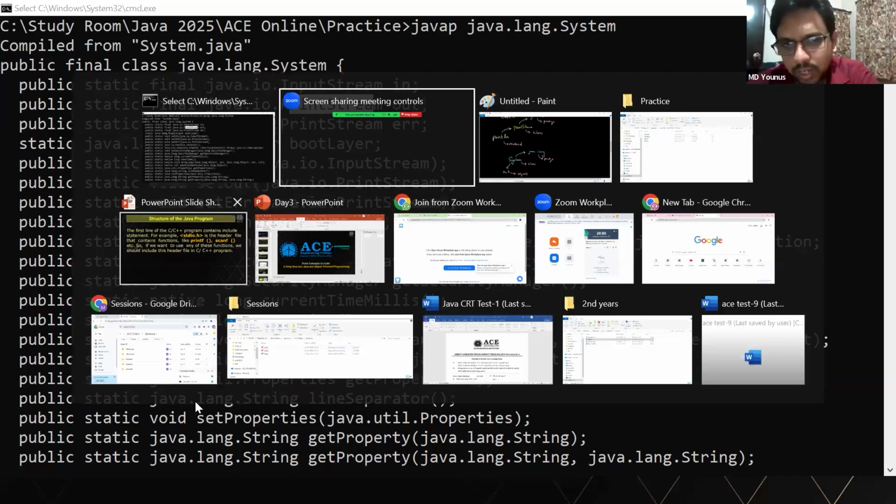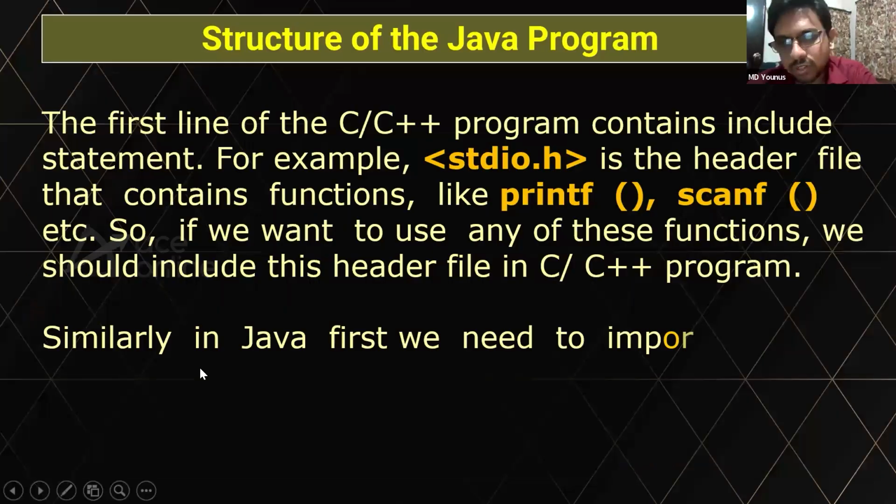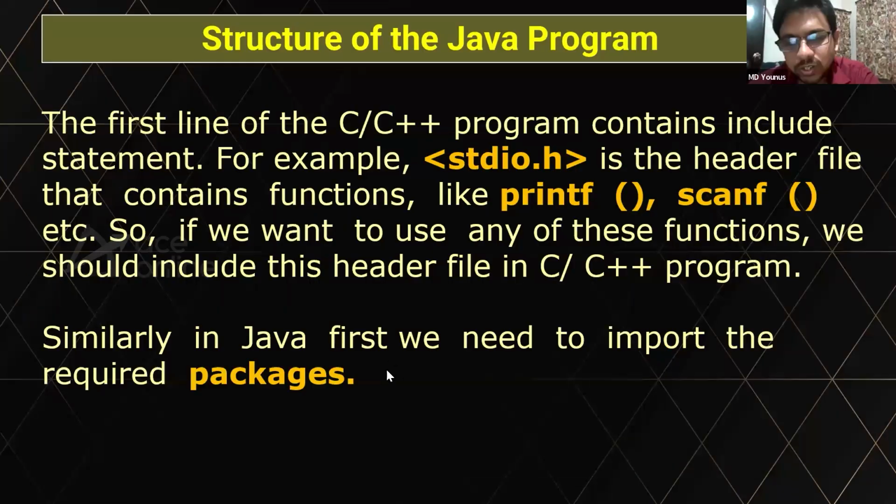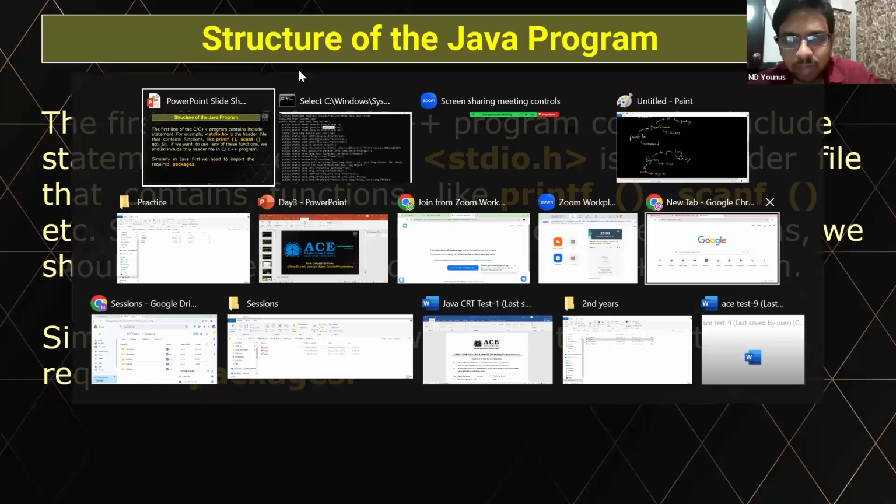actually, in Java, first we need to import the packages. Now tell me which package I have to import if I'm using System.out.println. IO we will not import, Vamshi, because I'm not using the PrintStream class directly. I'm using this from the System class.